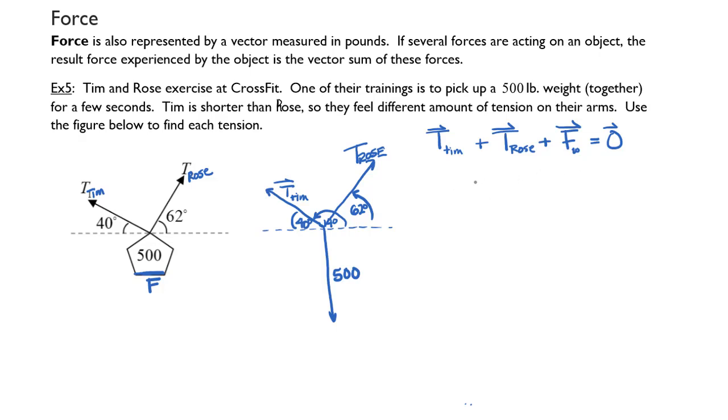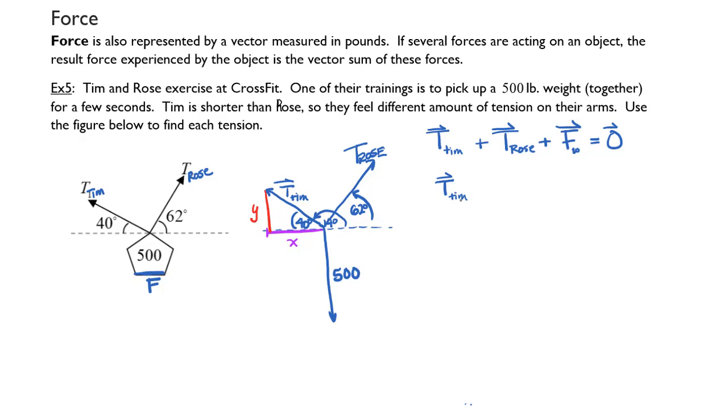Now we need to write the component form for each one of these tensions or vectors. The vector for Tim has an x direction component and a y direction component. If we think about how far the tension goes to the left, that's your x component, and how far the tension goes upwards, that's your y component.